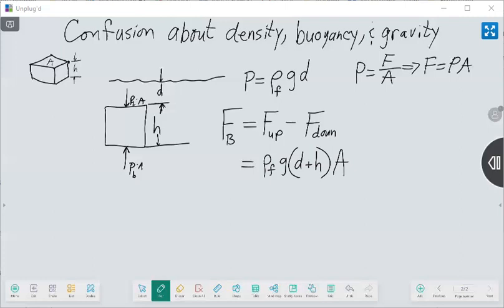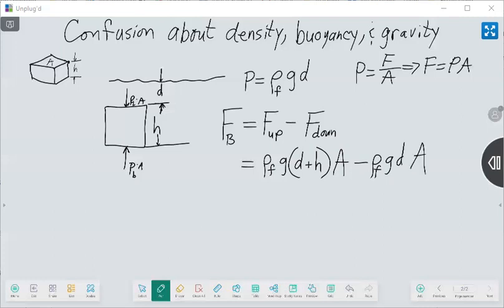That's force up. The buoyant force is that minus the force down. What's the force down? Once again, it's the density of the fluid times G times, in this case, just depth D, times the area.